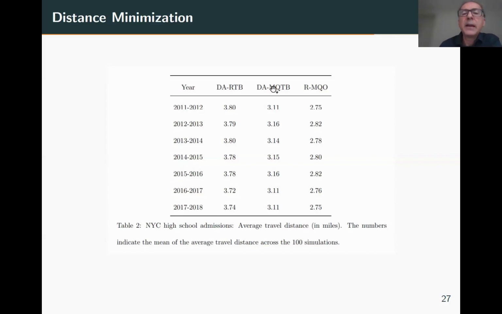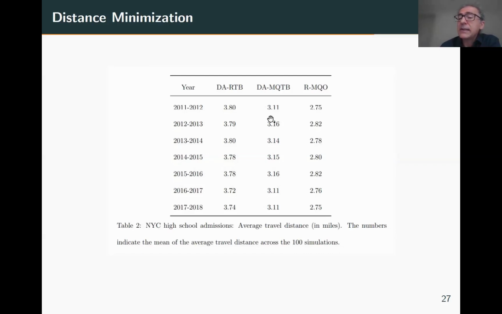When we do that, the deferred acceptance with random tie breaking assigns kids on average to a school that is 3.8 miles away from their home. The intuitive tie breaking with the distance, which we call match quality tie breaking, we use match quality to break ties.